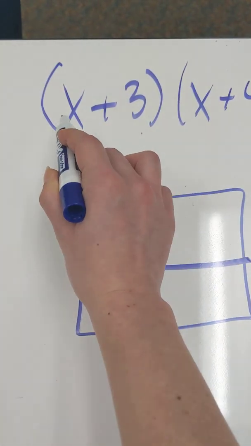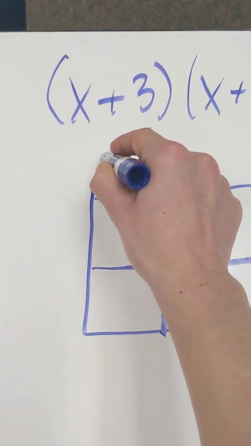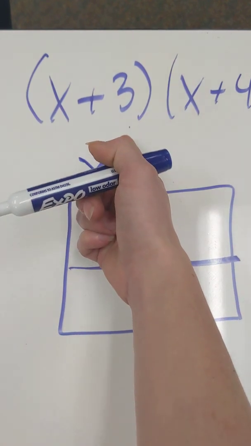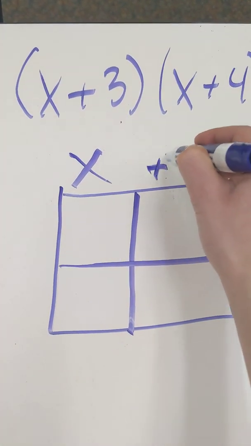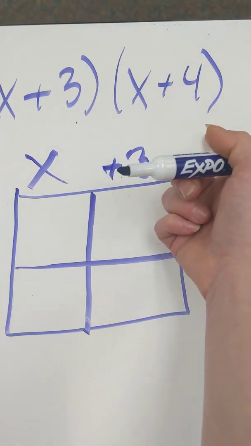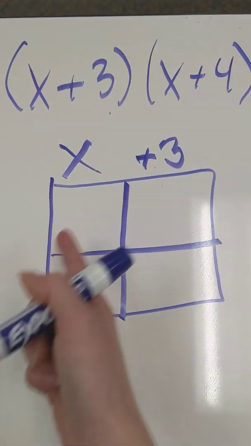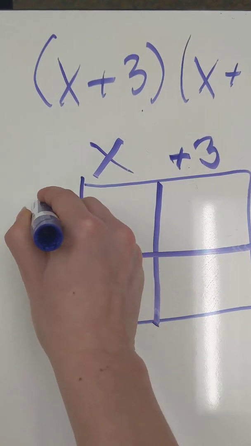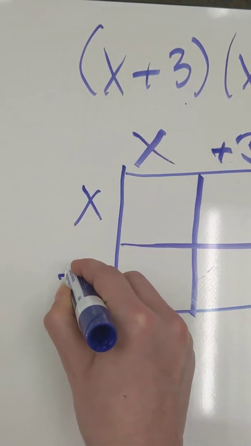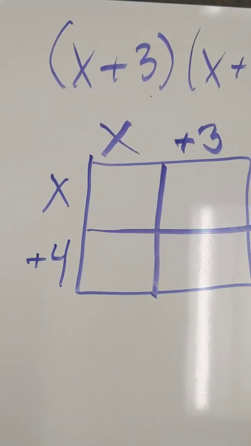Then from this parenthesis, I'm going to take the first term, and it goes on top of the first box. And the second term goes on top of the second box. Next set of parentheses goes along the side over here. First term next to the first box, and second term next to the second box. Go ahead and get that copied down on your example, and then we're going to do our multiplying.